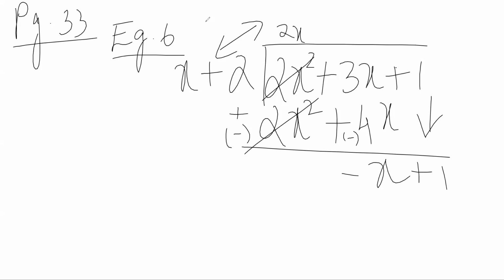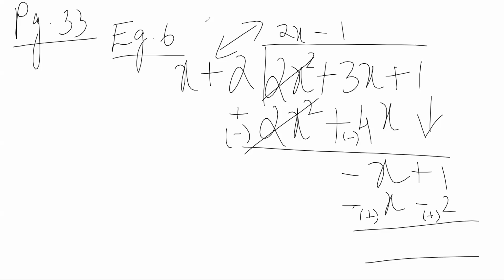Now, the next aim is to cancel minus x. So what should you do? You should multiply x plus 2 with minus 1. When you multiply x plus 2 with minus 1, it will be minus x and minus 2. So minus changes to plus and minus changes to plus.